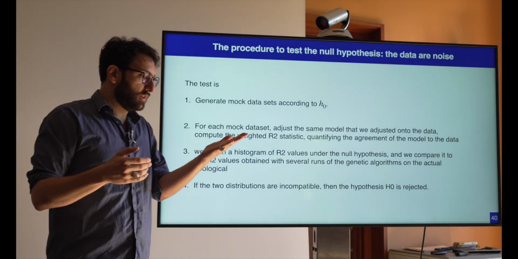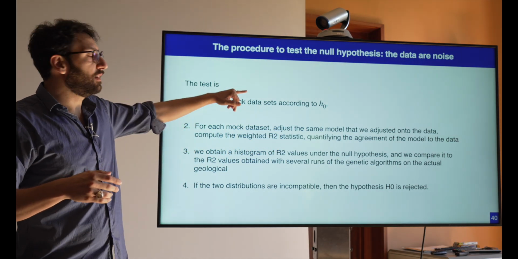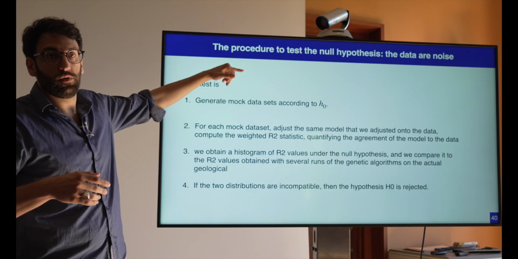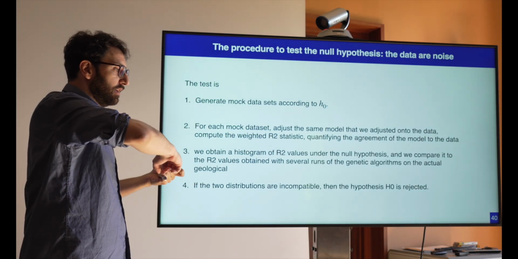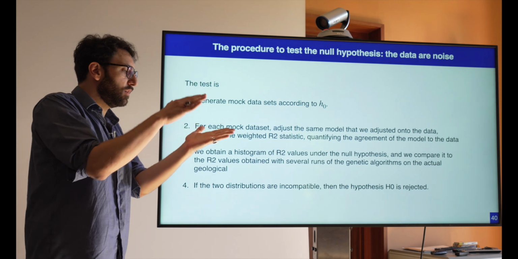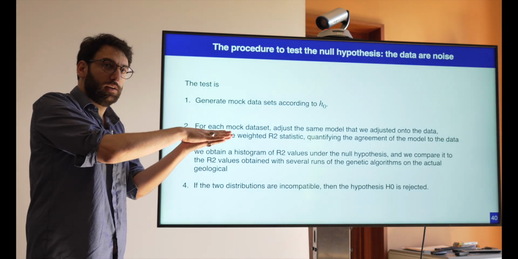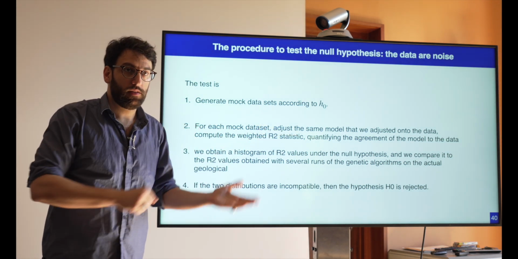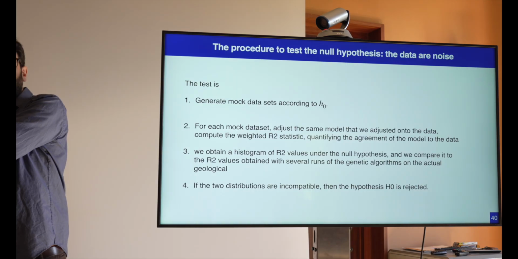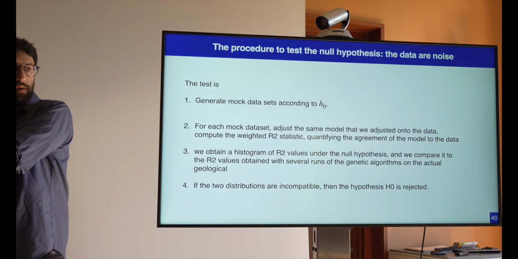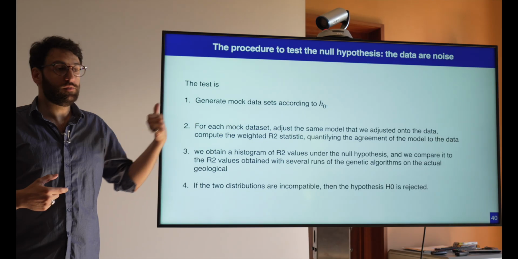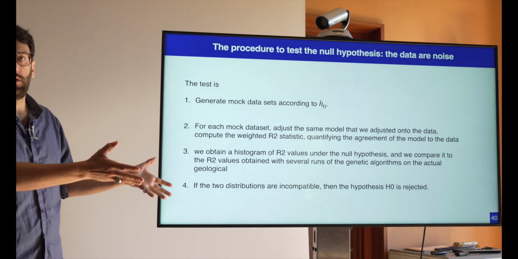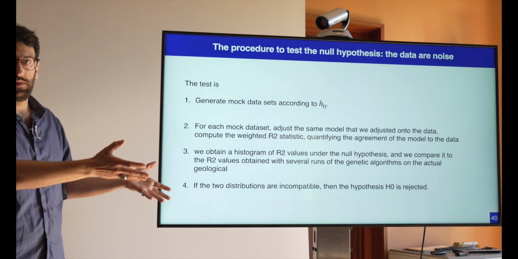So the thing is, if my initial data were pure noise, if I fit AstroGeoFit and I see how well the astronomical signal fits the data, it shouldn't be better than if I do the same with mock data generated from my null hypothesis, because in that case, my data would be just another instance of the null hypothesis.